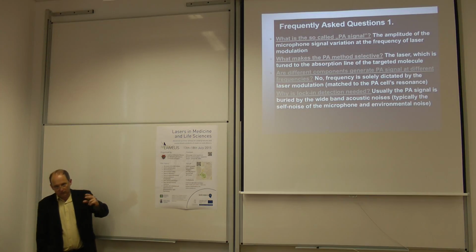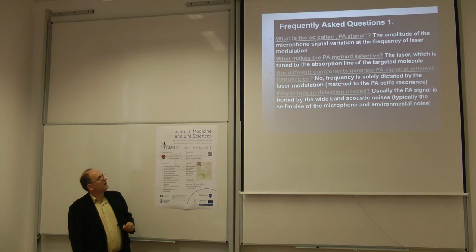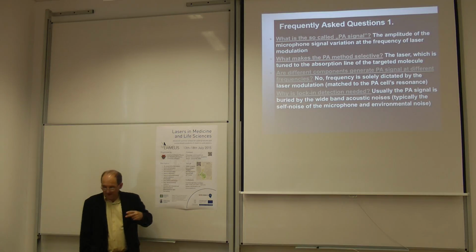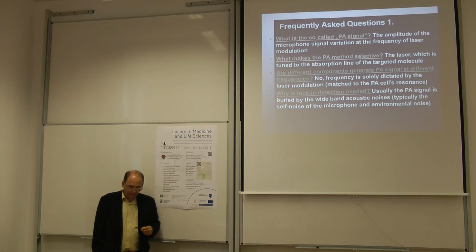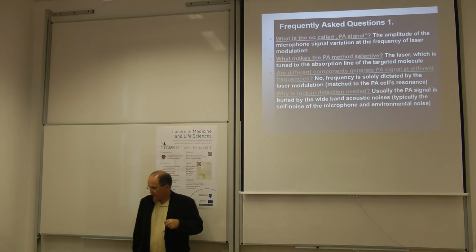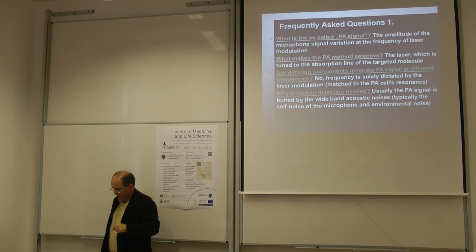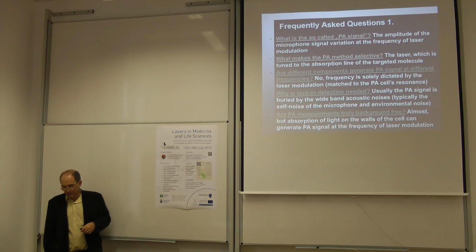So there is a need to amplify the photoacoustic signal, and this amplification has to be selective, meaning that the environmental noise, which is also sensed by the microphone, has to be suppressed, while in parallel the photoacoustic signal has to be amplified.